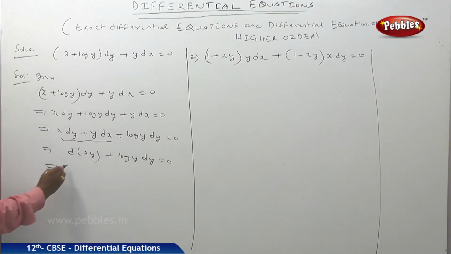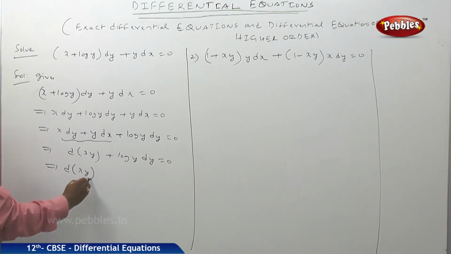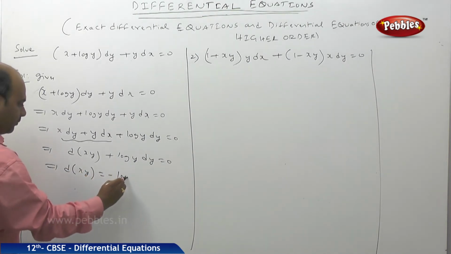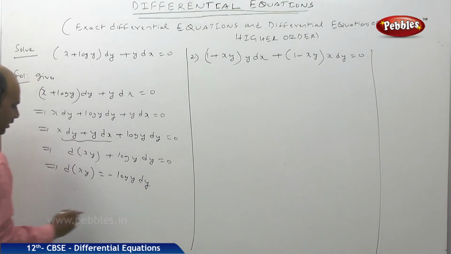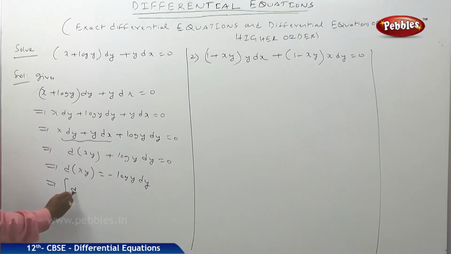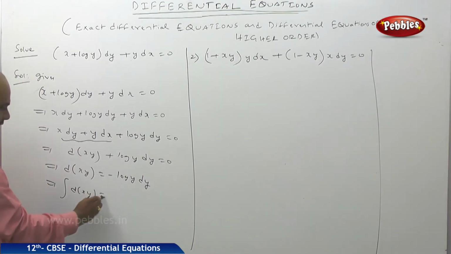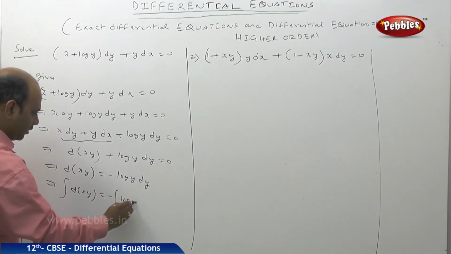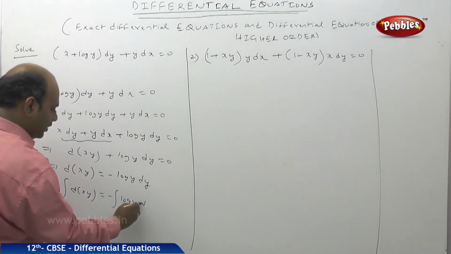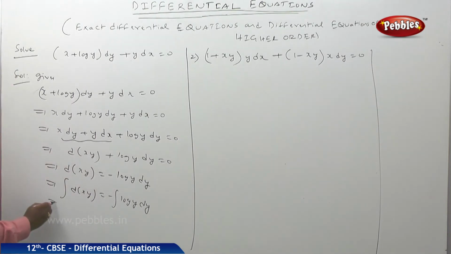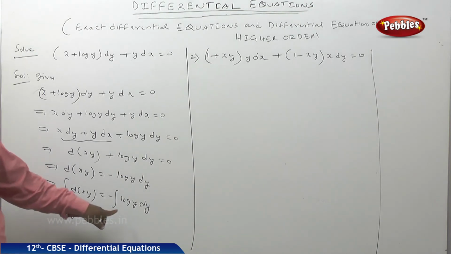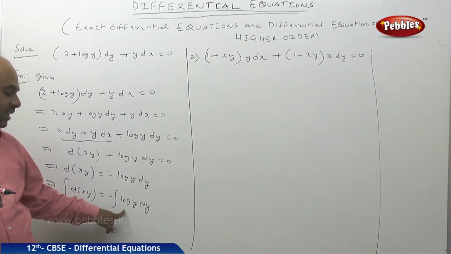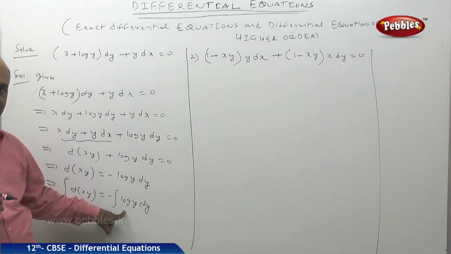So for my convenience, d of xy equals minus log y dy. Now integrate on both sides. So d of xy is equal to minus integral of log y dy. So integral and derivative will get cancelled, and so here xy, and in one of our earlier classes we have proved integral of log x means x into (log x minus 1).